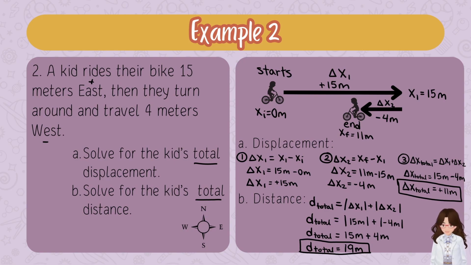It does not care about direction at all. While displacement says, I care about how far away you end from where you start. And we can see here that the kid ends up riding their bike 11 meters east from where they started. However, they ended up traveling on their bike a total distance of 19 meters.